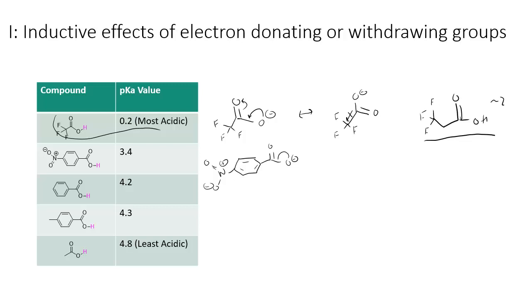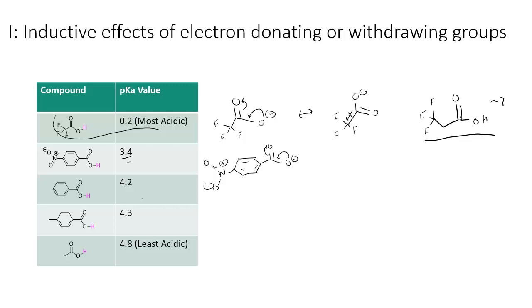So these electrons can move here, and these can move here, but we cannot move electron density into the ring. So in terms of trying to pull negative charge from this area, this electron withdrawing group is pretty far away, which is why this pKa value is 3.4.